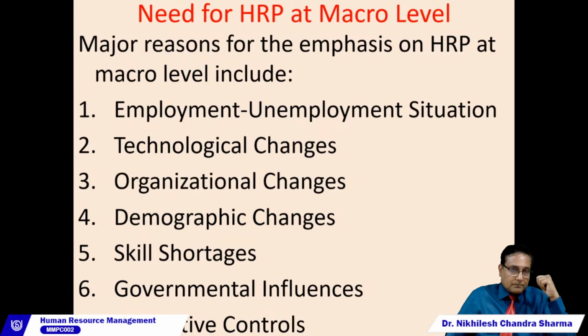Then technological changes are there. Nowadays, this is the era of globalization as well as the era of artificial intelligence and technology. So technological changes are part of the need for human resource planning.